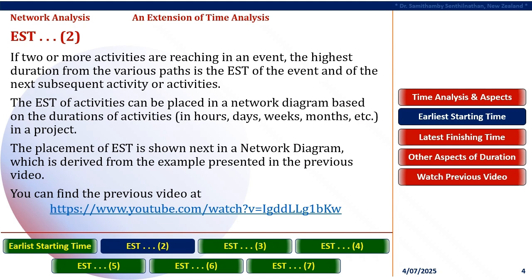If two or more activities are reaching in an event, the highest duration from the various paths is the EST of the event and of the next subsequent activity or activities.